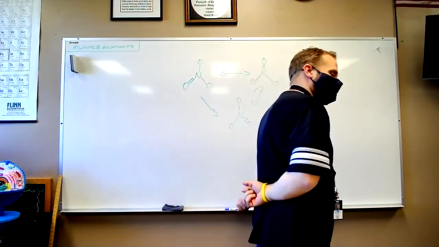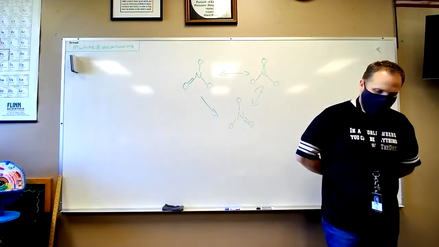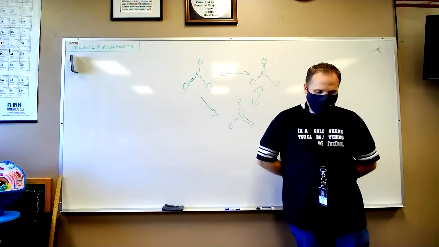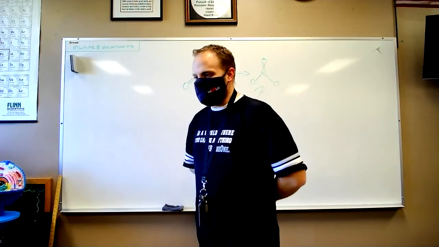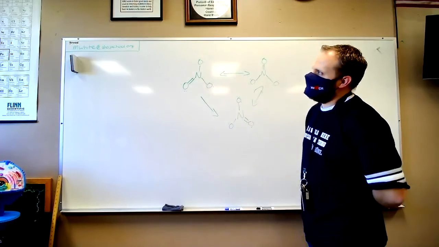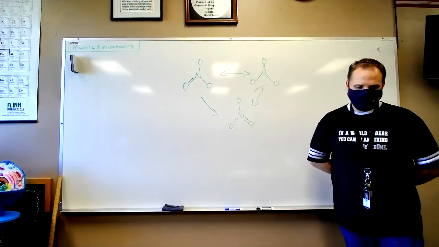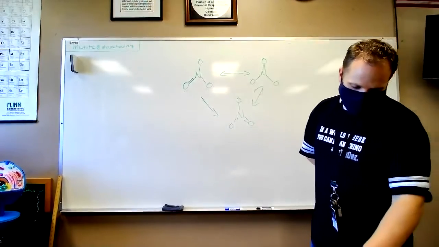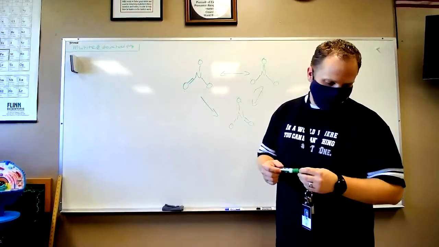Some of them have fewer electrons, some of them have more. One element that is very common for having fewer electrons is boron. Take the example of boron trihydride.